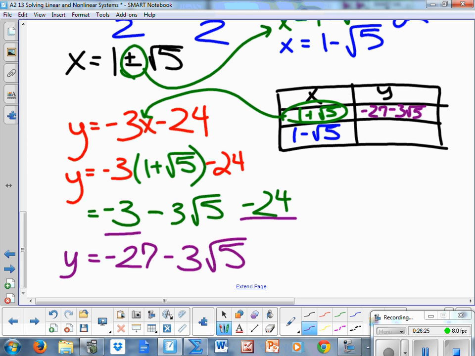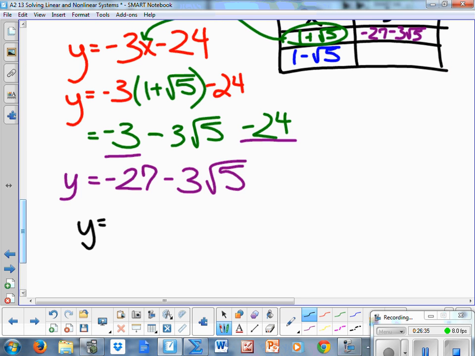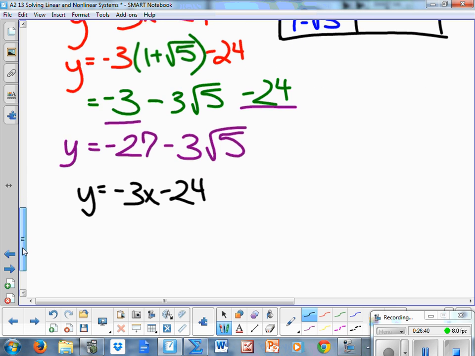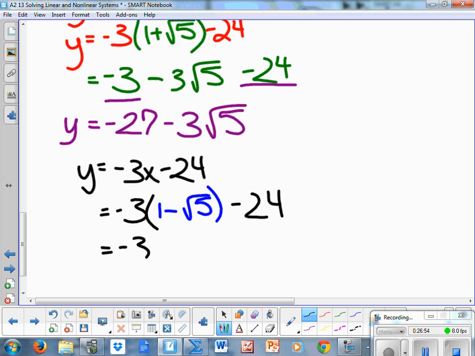Now I'm going to do the same thing for the other value. Okay, so I've got this lovely linear function, y equals negative 3x minus 24. The only thing that's changing is my sign. So I have 1 minus the square root of 5 now instead. Okay, so I've got 1 minus square root of 5, minus 24. Distribute all the same. So I've got negative 3 plus, whoops, forgot my 3 in there, plus 3 square root of 5, minus 24.